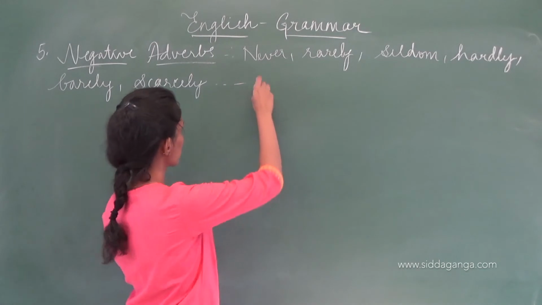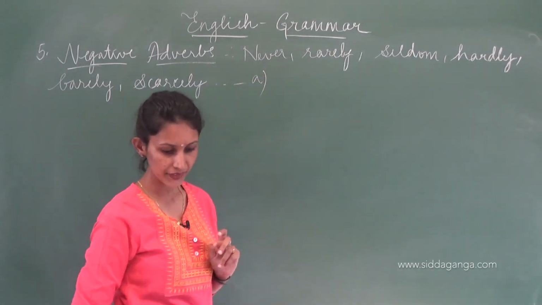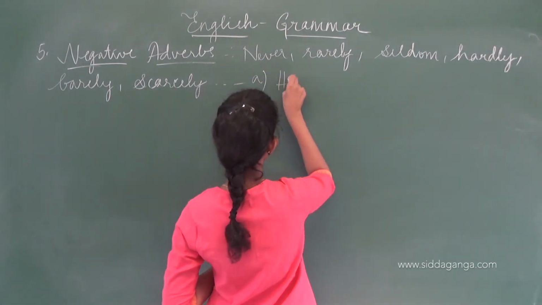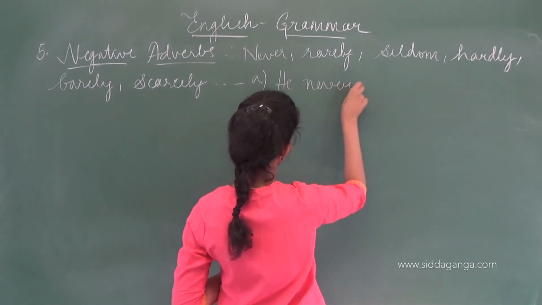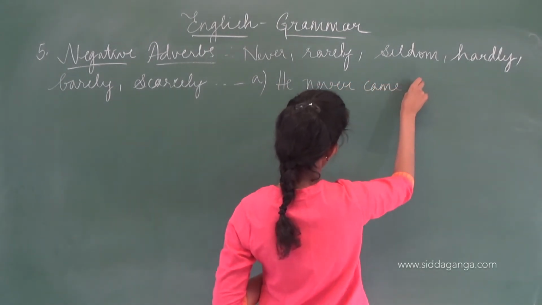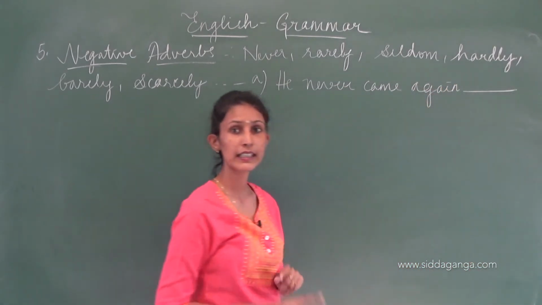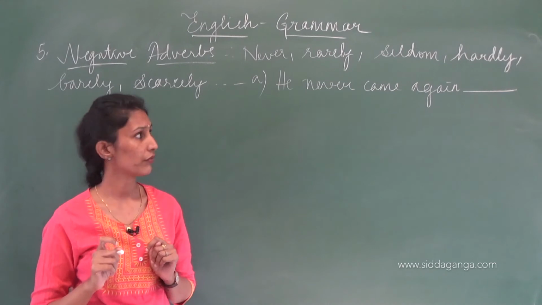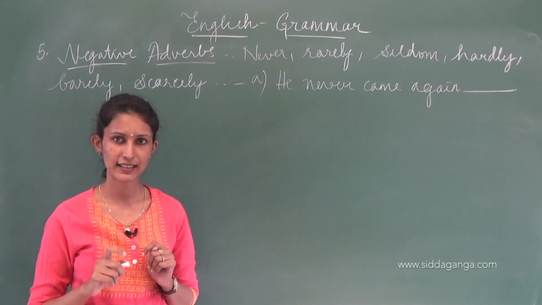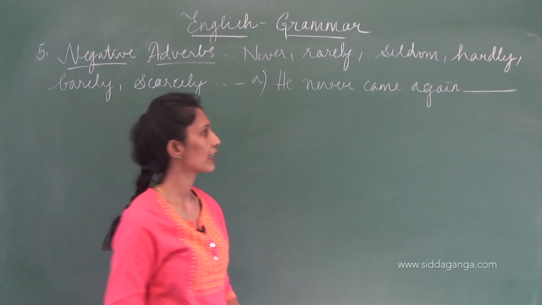We'll see examples. He never came again. So you have to use did he. Did he come again? He never came again.